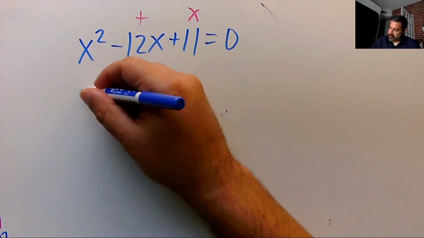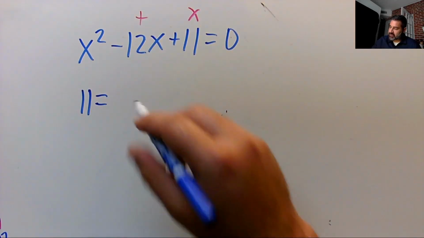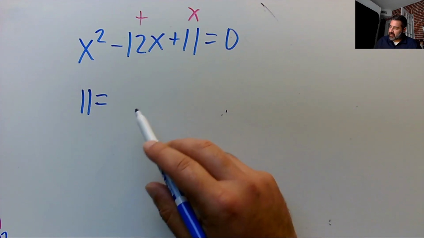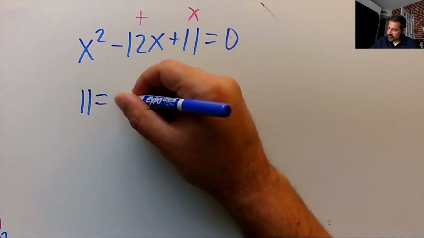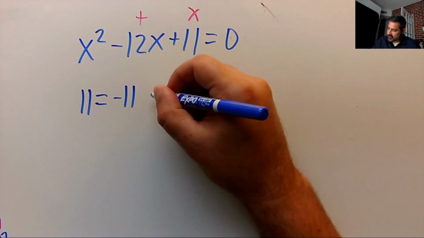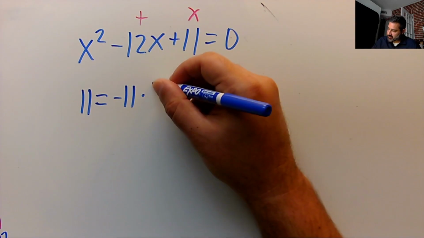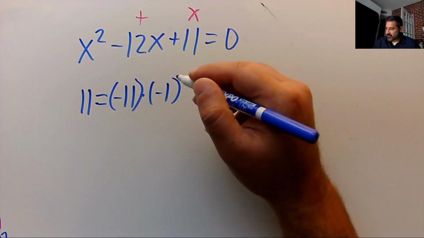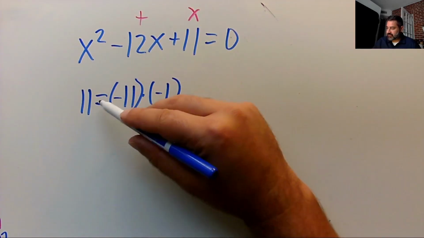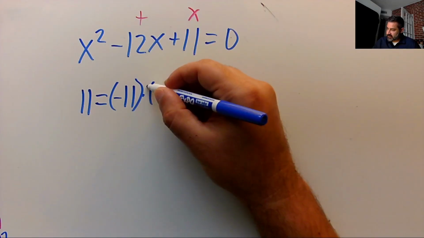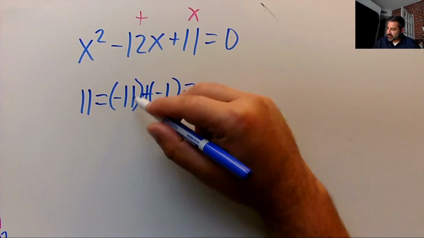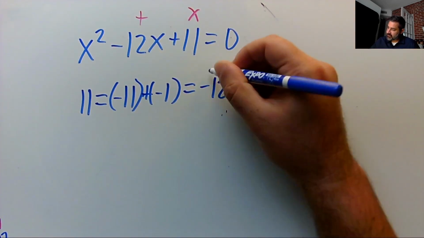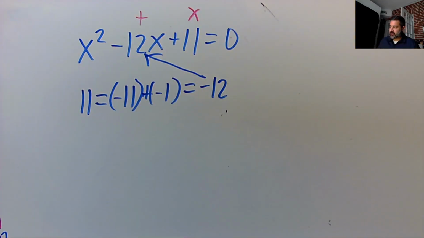Again, we have a prime number, so it's only negative 11 times negative 1, which is positive 11. Let's add those up. Negative 11 minus 1 is negative 12, and that's what we're looking for.